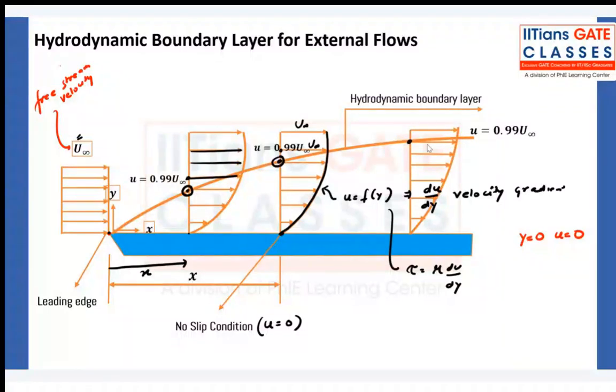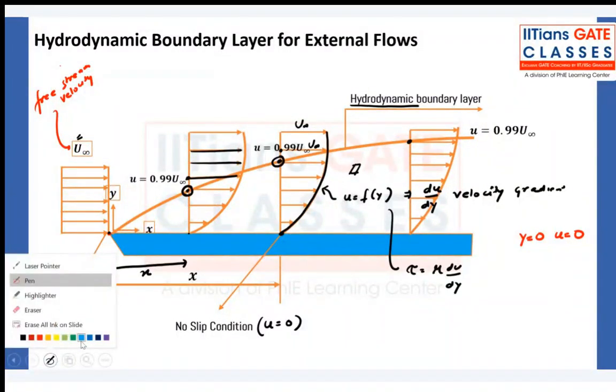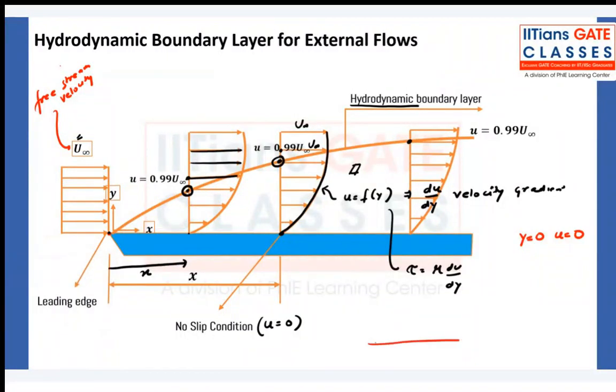Okay, chalo. So if I join all these points where velocity reaches u infinity, below this is called the hydrodynamic boundary layer. Now in this region below, I don't want to make a mess in this diagram, but let me draw it here. If this is my flat plate, this is my hydrodynamic boundary layer.